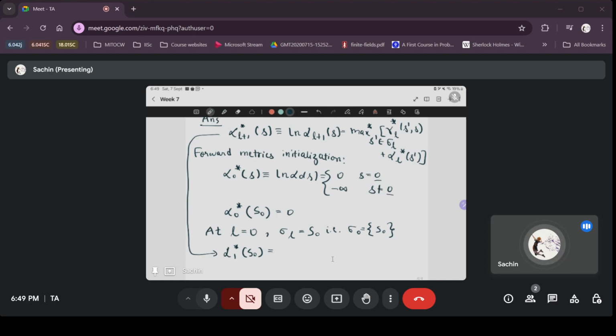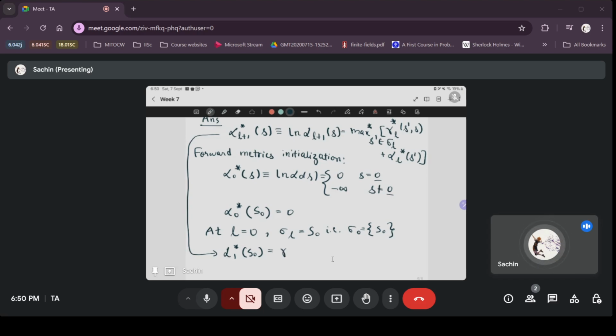In place of S, you have max star of gamma L star plus alpha L star, for all S prime in sigma L, but S prime can only be S0 because sigma 0 has only state S0. So the max part is not there.